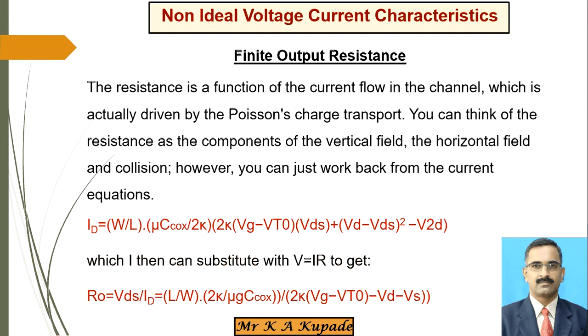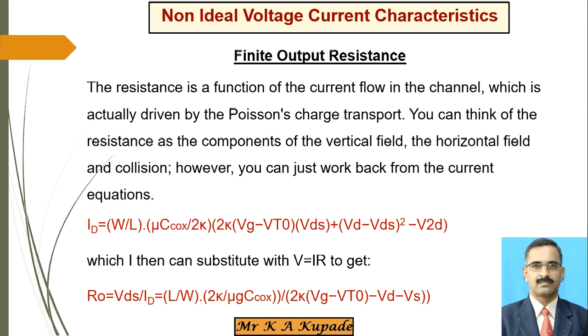Whenever this happens, the conventional current starts to flow from the drain to the source. And once the drain current starts to flow, the resistance of that channel is proportional to the current flowing.